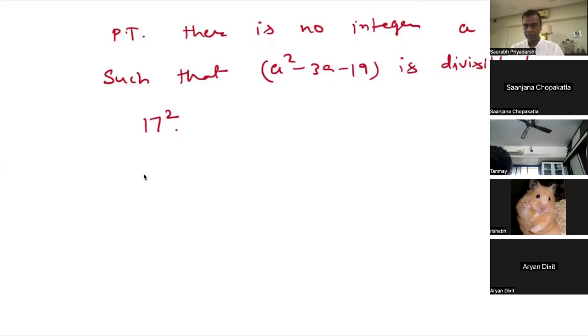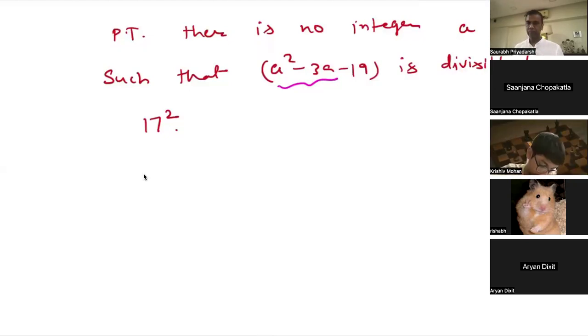Okay, okay. Can I see? So this is a square minus. Just a minute. Okay, 19 is 10 and 9.